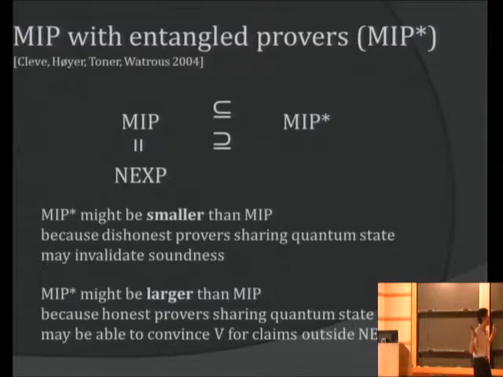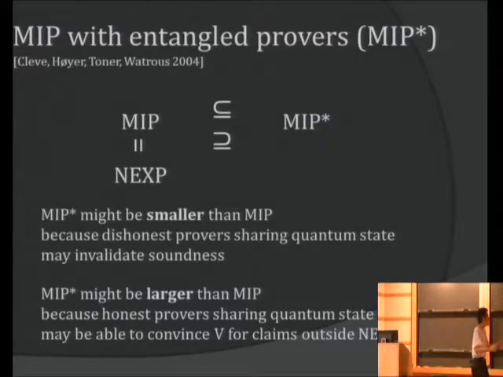But this reasoning is not correct, because if we allow provers to do more, that can decrease the power. For example, if we allow provers to communicate with each other, then from the verifier's point of view, they are the same as a single prover.